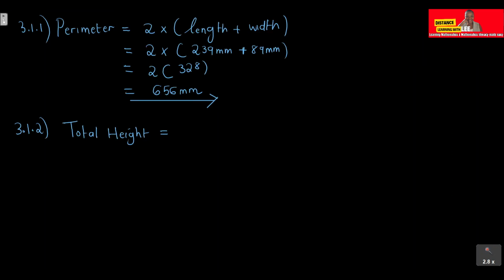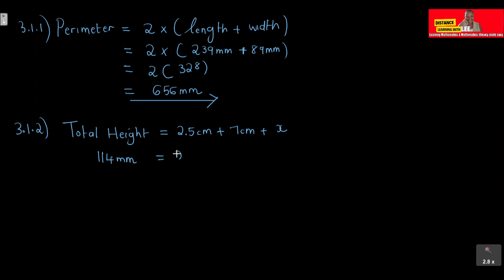So it's going to be 2.5 centimeters plus 7 centimeters plus the x that we want. And we're just going to substitute. We already know the total height is 114 millimeters.